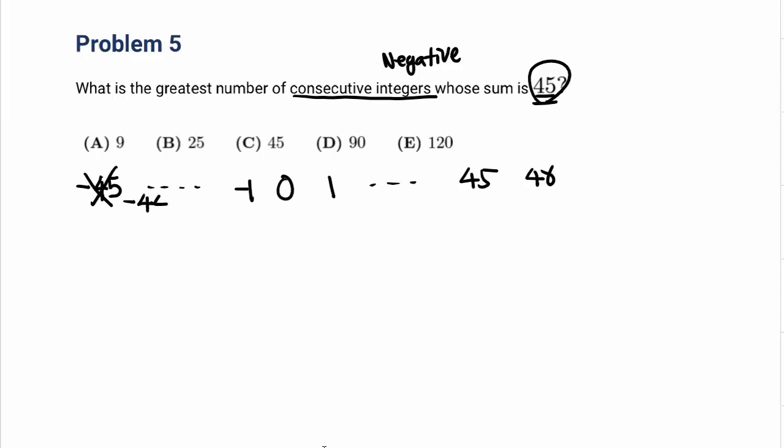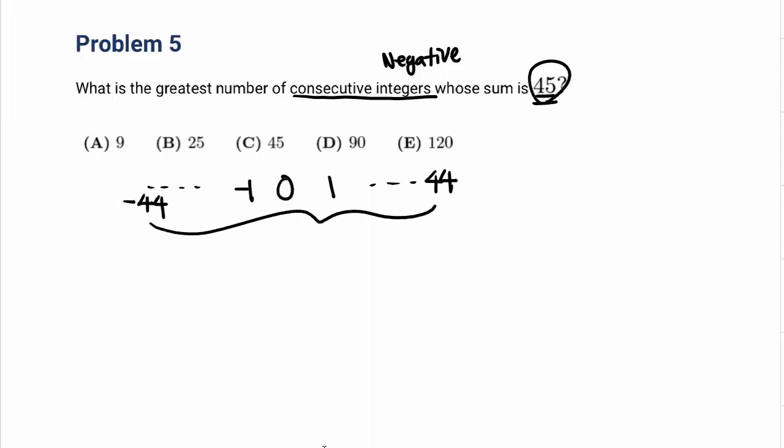Negative 44, isn't it? This one is up to 44, right? I'm going to delete this one. Up to 44. The sum of this one is all 0. So when you continue, the next number is going to be 45. That is the sum of all these numbers. So this is the greatest number of consecutive integers.